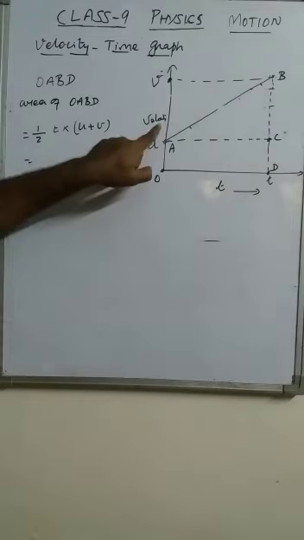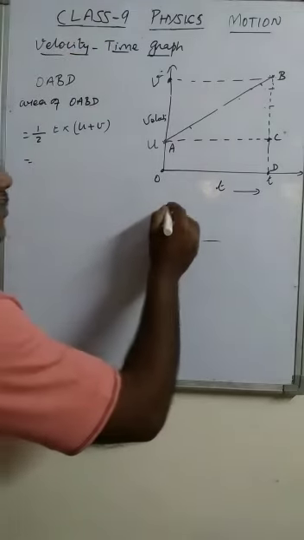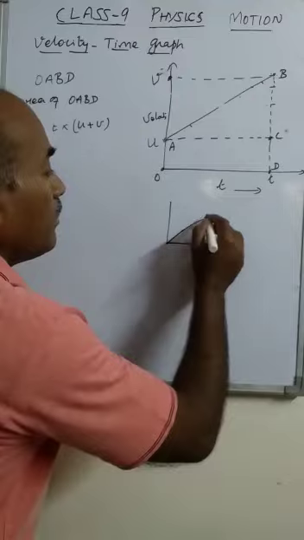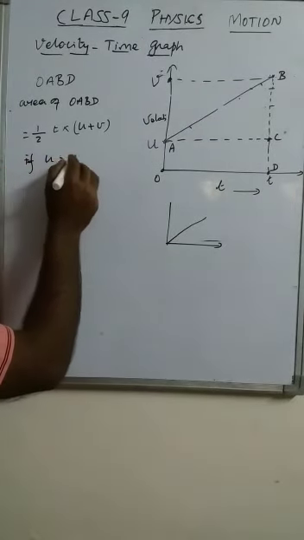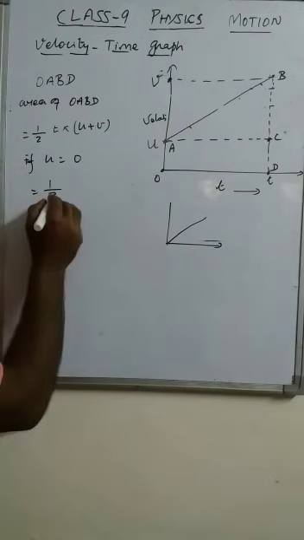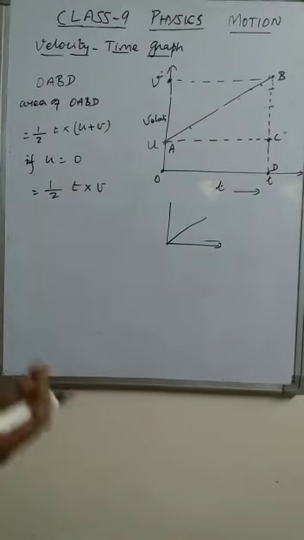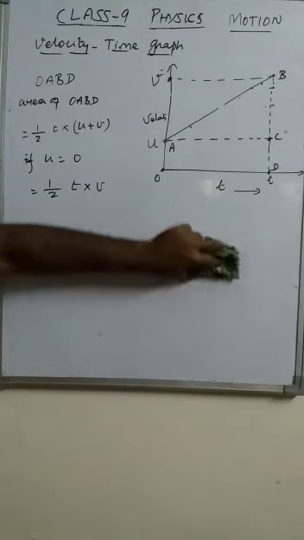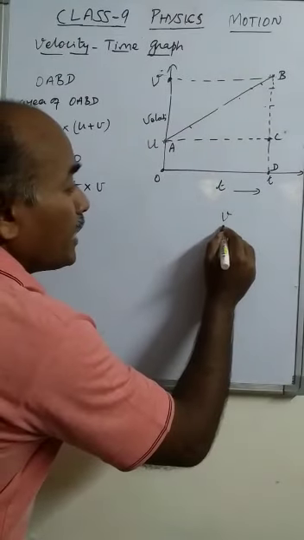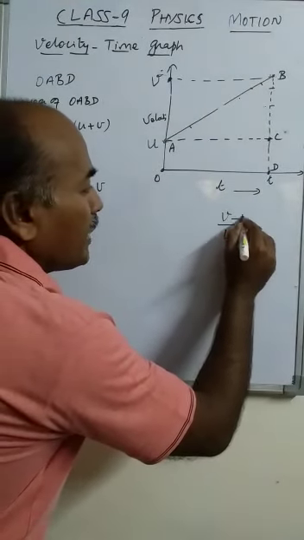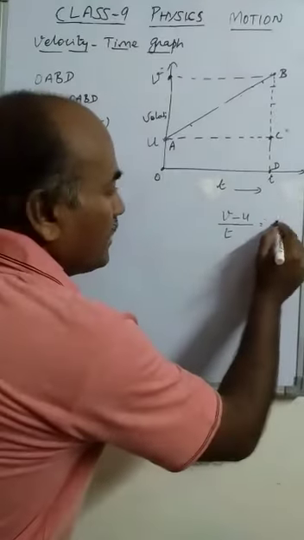Here we took the initial velocity as something. If the initial velocity is 0, the graph will be drawn like this. In that case, if u equals 0, we get half into t into v. That is velocity into time. Velocity upon time, that is v minus u upon t, is equal to acceleration.